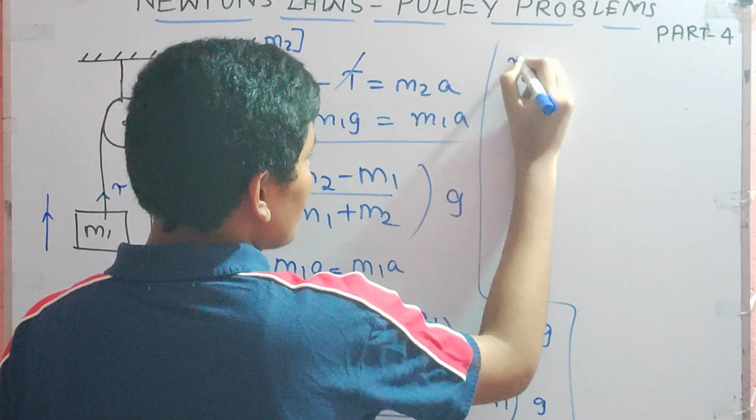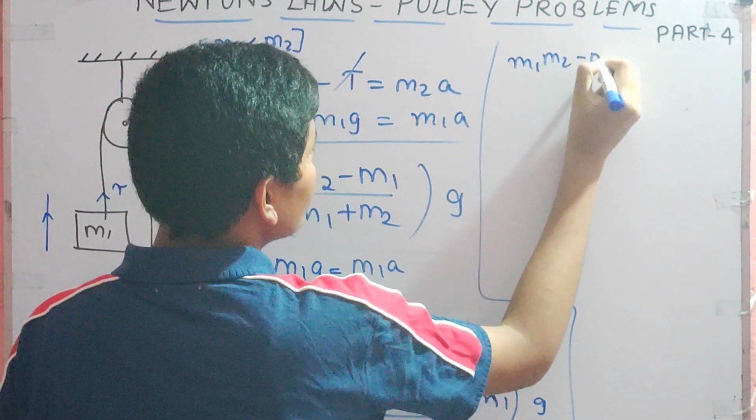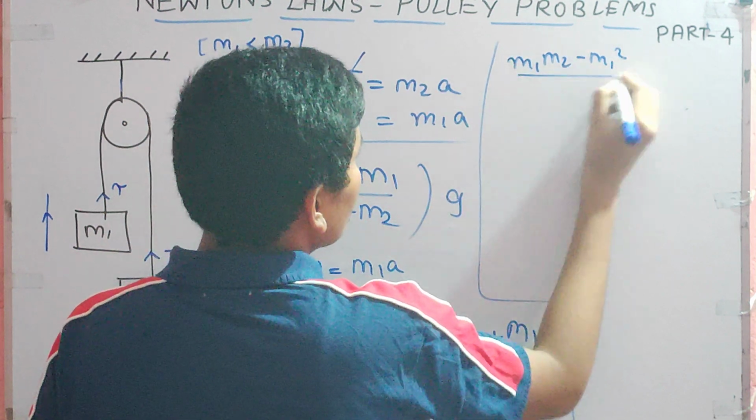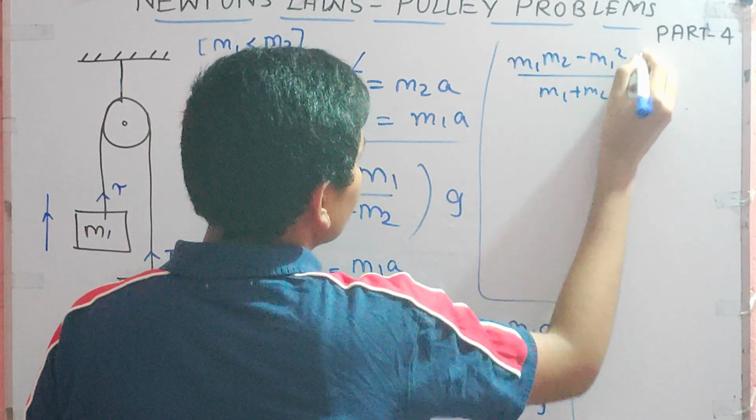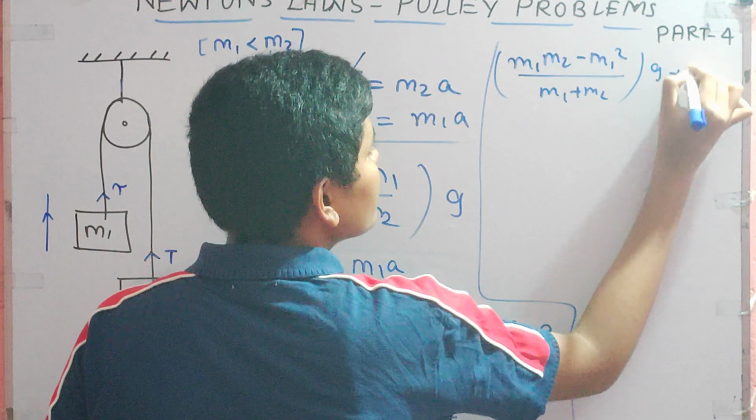So we got (M1 M2 minus M1 square) by (M1 plus M2) into G plus M1G.